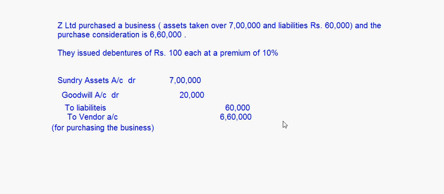Okay, the next entry is the issue of debentures. Now what is the purchase consideration here? 6,60,000, right? And first of all, let's do this here. Number of debentures is equal to 6,60,000 divided by 110, which comes equal to 6,000.